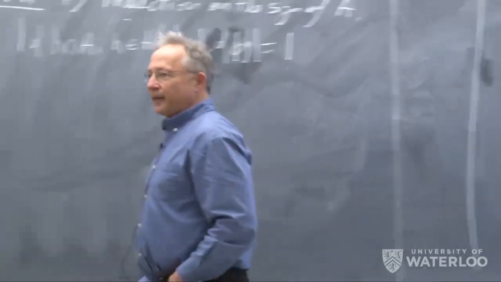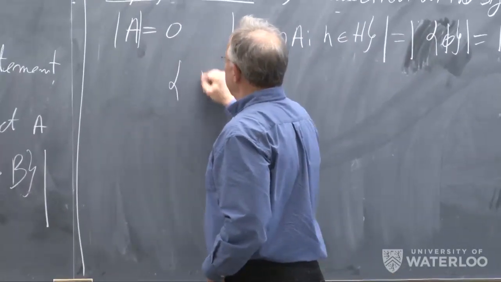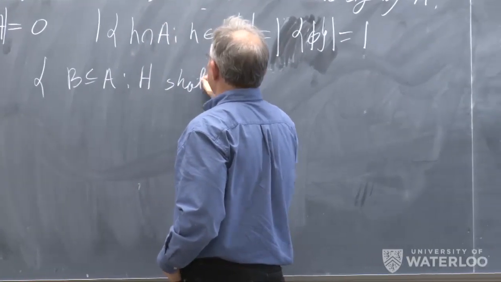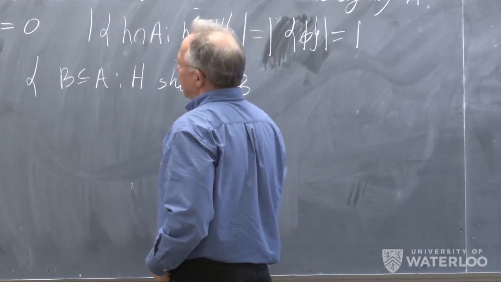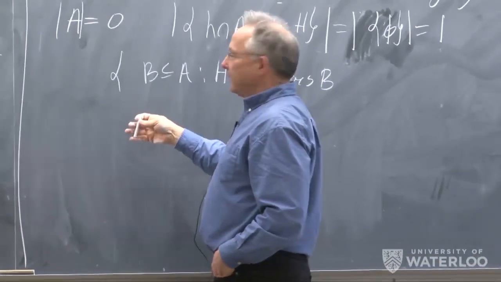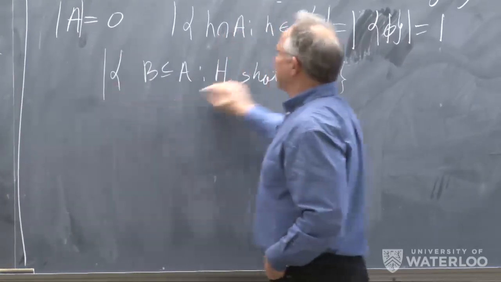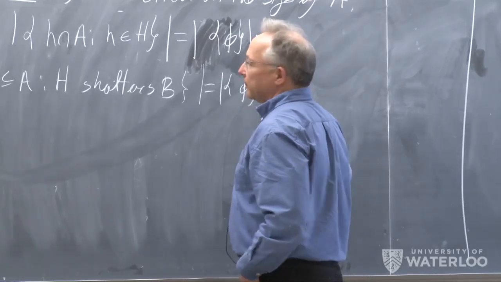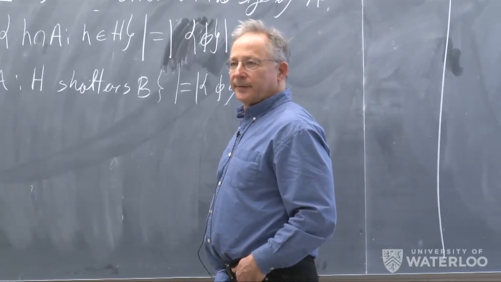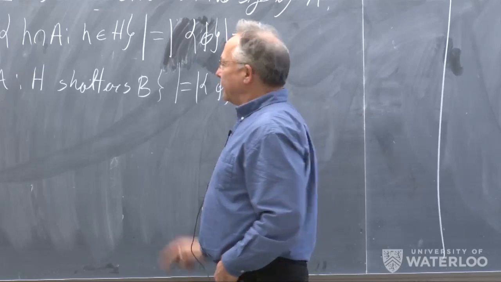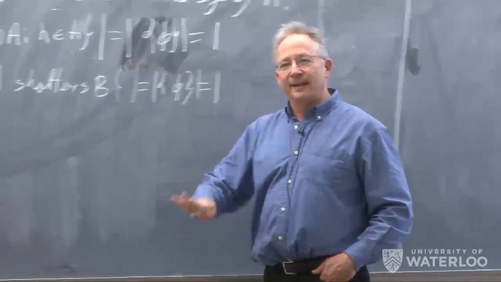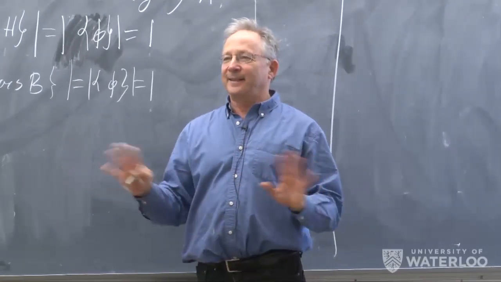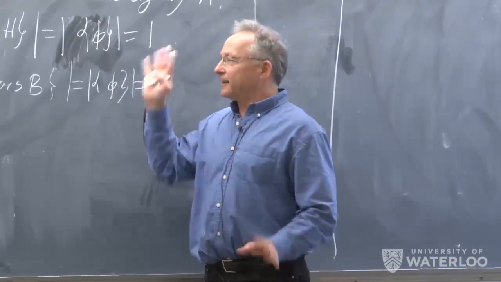And if I look at the collection of all B's, subsets of A such that H shatters B, again it's the same thing. H shatters only the empty set, so it has size 1. The only thing which may be confusing here is that the set that contains only the empty set has size 1. But let's accept this. It contains a set.